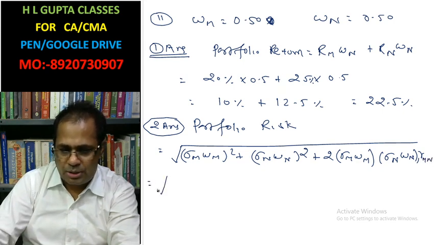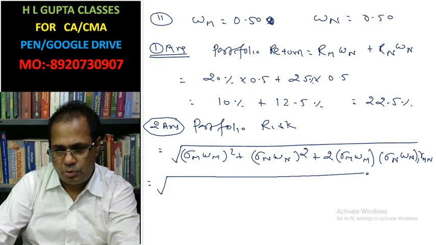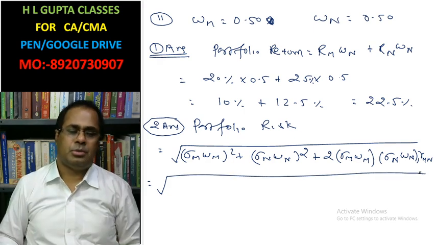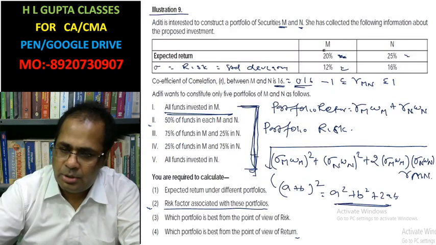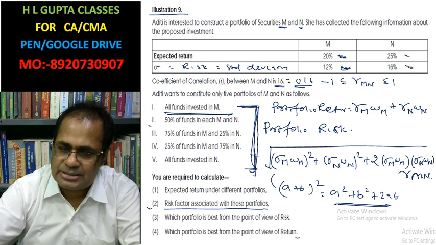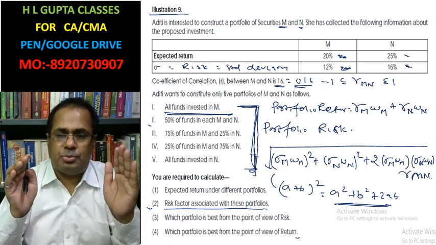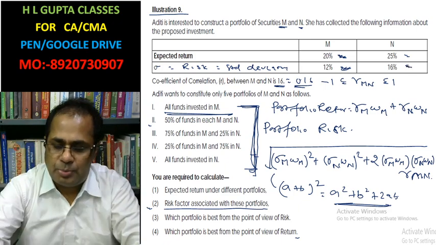In this case, very simple: standard deviation M is 12%, standard deviation N is 16%, weight of M 0.5, weight of N 0.5.